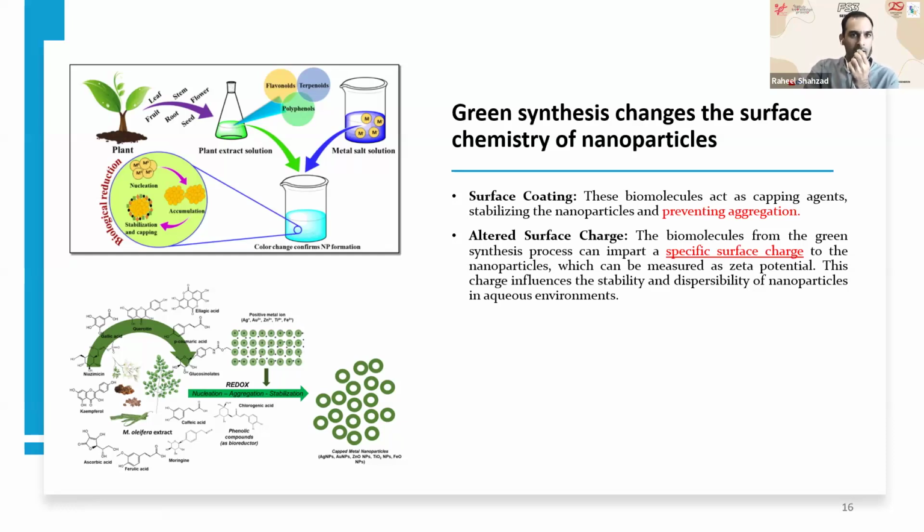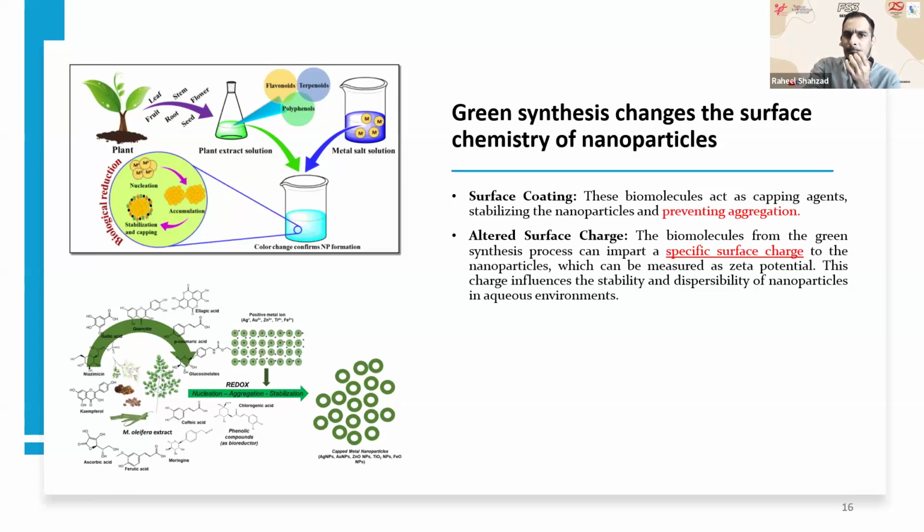The problem with the physical method is that it can easily make aggregates of the nanoparticles, which is not an ideal case, because if they aggregate, their efficiency decreases drastically. So we prefer dispersed nanoparticles. That's why people prefer green synthesis.